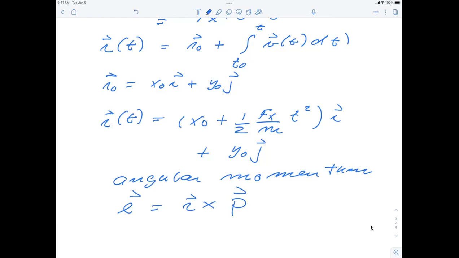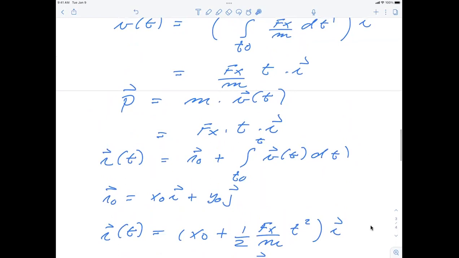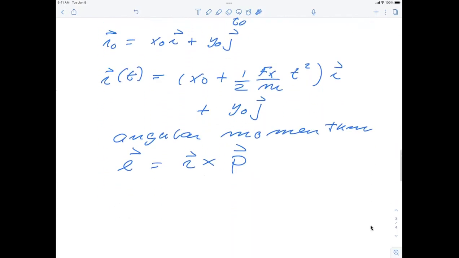That means that I need to take this expression and calculate the cross product of that vector with this vector, which you see here. That means that I have i and j components, which I have to take the cross products of. And since it's only one of these components which has a vector in the j direction, some of these calculations will actually simplify.